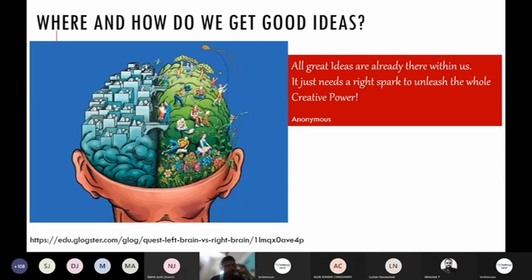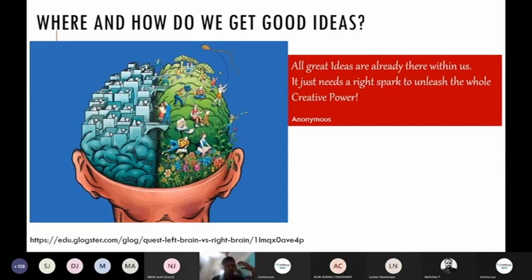Look at this image, and this is how people have done some work on how the brain creates ideas. So we have the right brain and the left brain, and there is a lot of research on how to utilize the power of the brain on both sides. It is the right side which has a different way of looking at things, which is more creative. You can see the people flying kites, reading and writing.